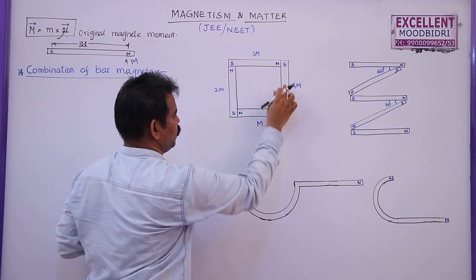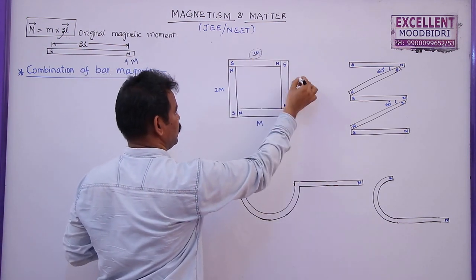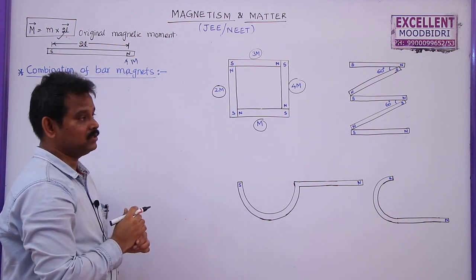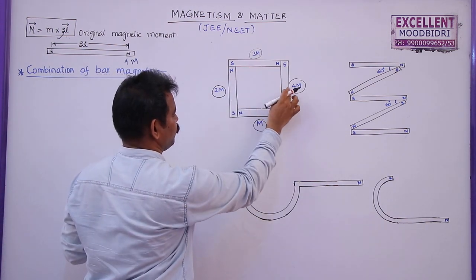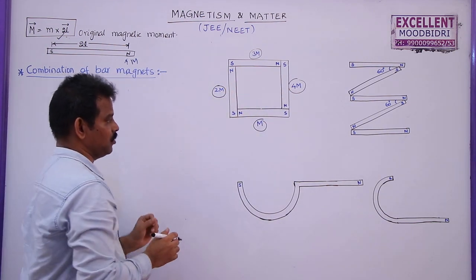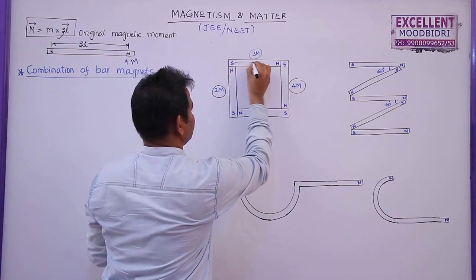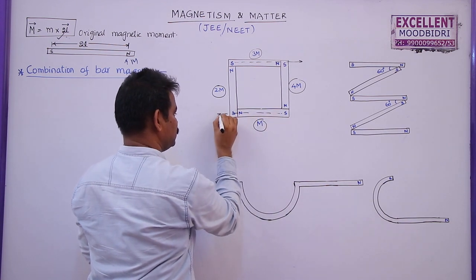Combination of bar magnets. Here you can see 4 different bar magnets of different magnetic moments kept as the sides of a square. Here the magnetic moments are 3m, 4m, m and 2m. What is the net magnetic moment of this combination? First of all, 3m is acting in this direction, m is acting in this direction.